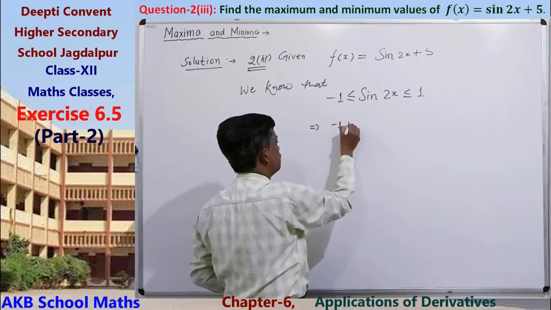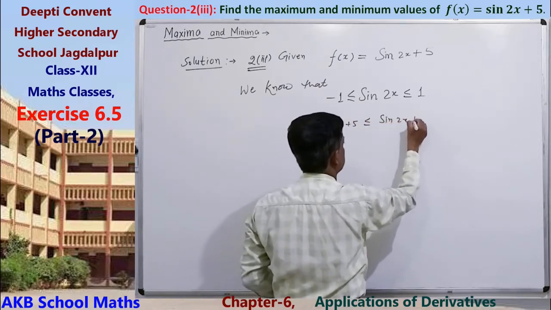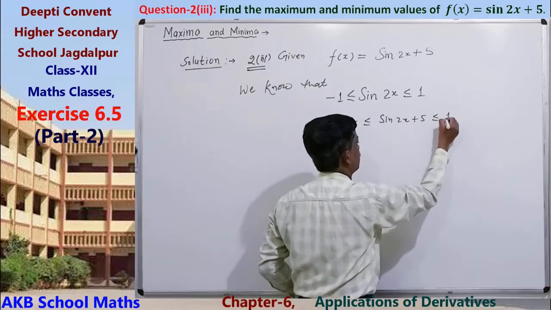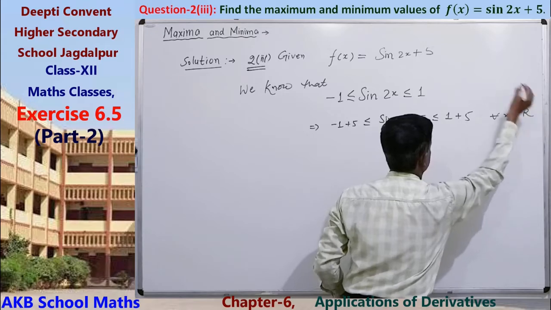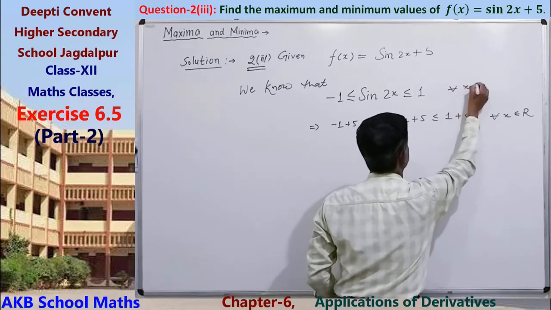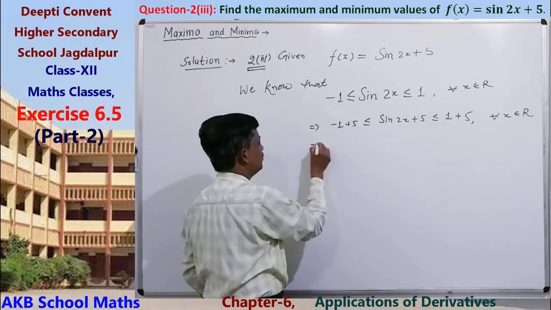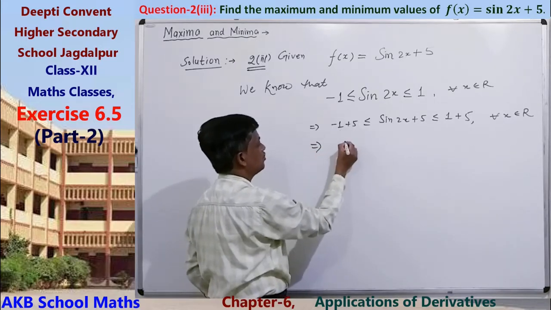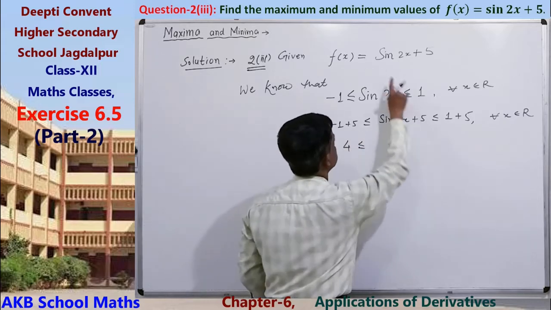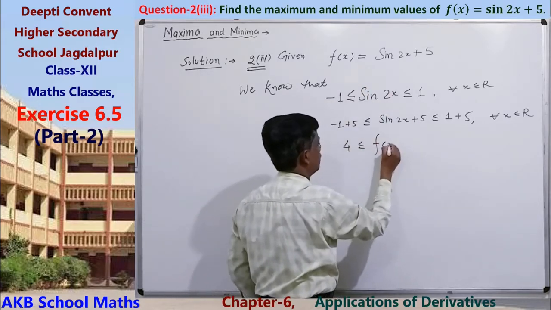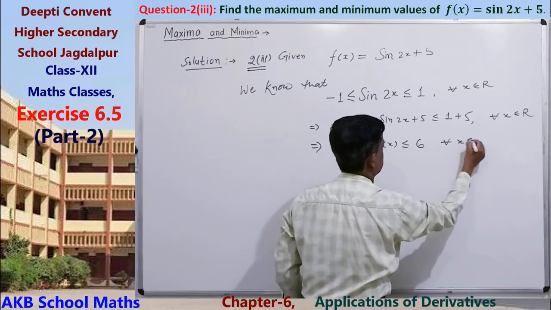So -1 plus 5 is less than or equal to sin 2x plus 5, less than or equal to 1 plus 5, for all x belongs to R. So we get -1 plus 5, which is 4, less than or equal to sin 2x plus 5, meaning f(x), less than or equal to 6 for all x.